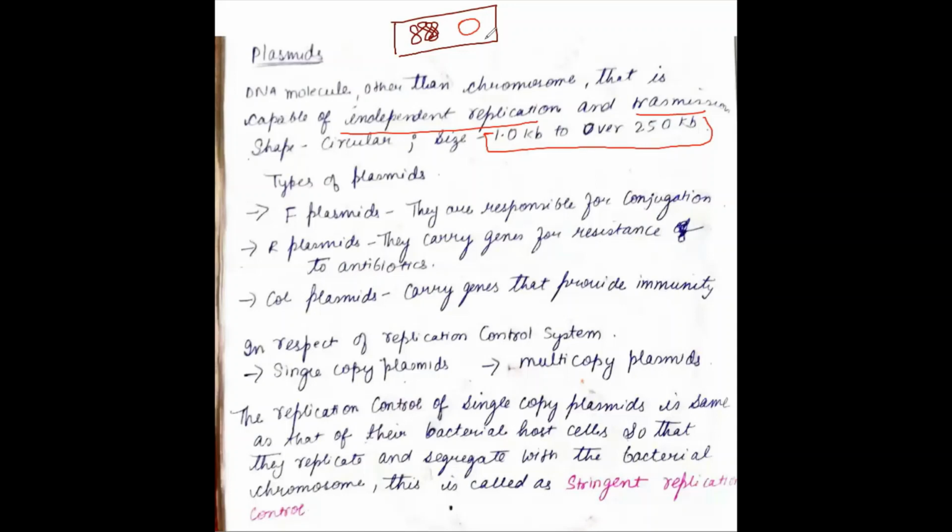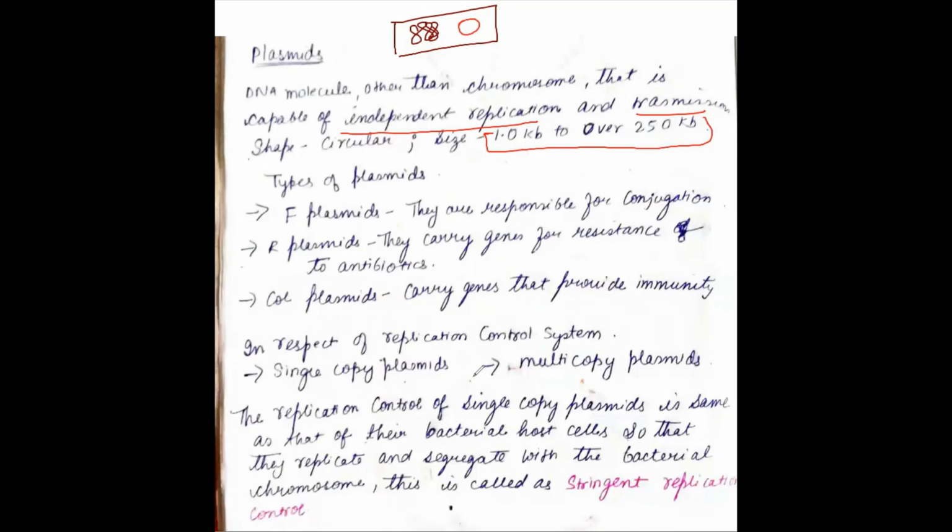So we have to first keep in mind that plasmids that belong to a single incompatibility group share the same mechanism of replication control. That means whenever you are using a plasmid, you need to mostly focus on the replication control. And always remember, these plasmids are not essential to the host cell except under certain environmental conditions. That is the reason why we are using them as a vector.